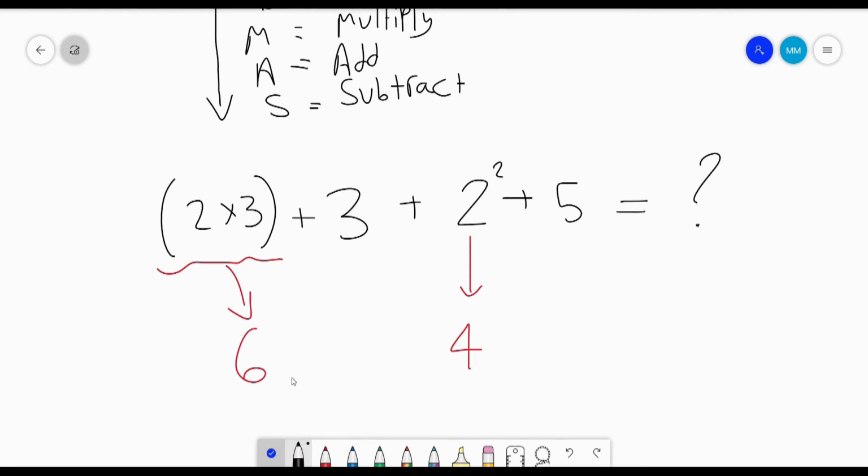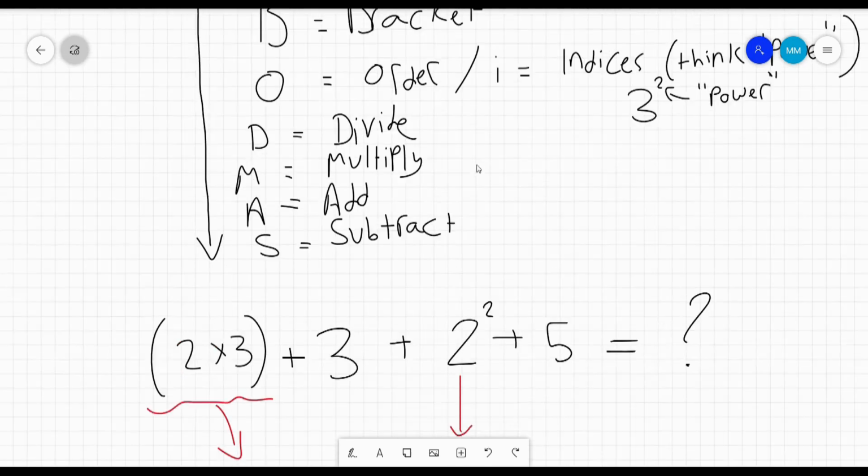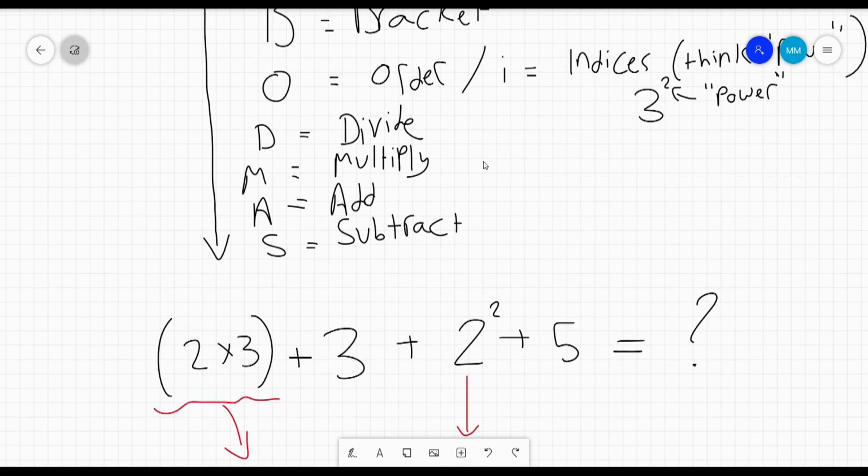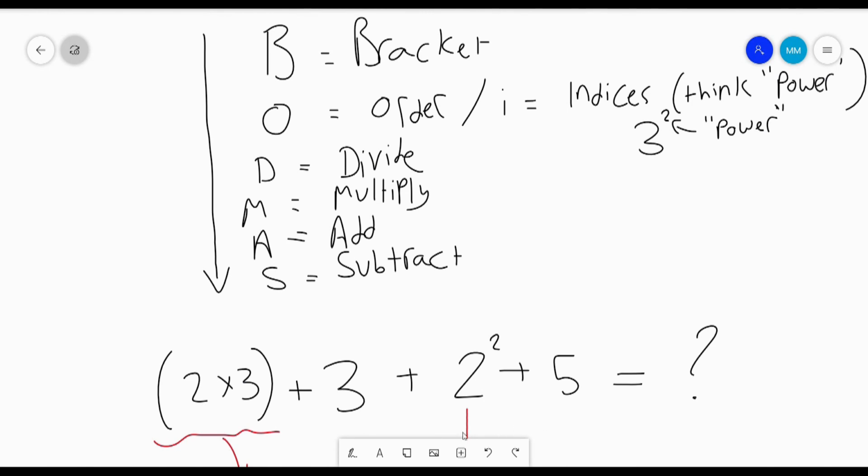So we go back up again and we say, well, is there anything else happening around here? And you say, well, there's no division going on here. There's definitely no multiplication going on here because you see we've already done the bracket. So the multiplication was already done because they were in brackets. So that's out.